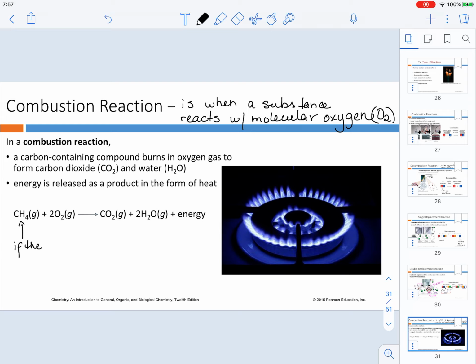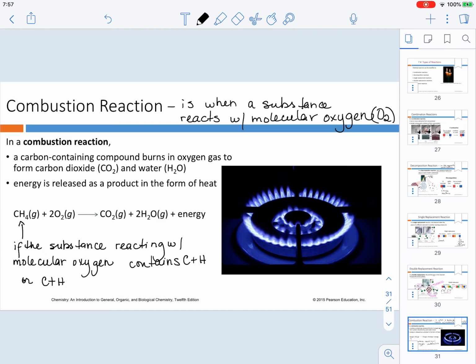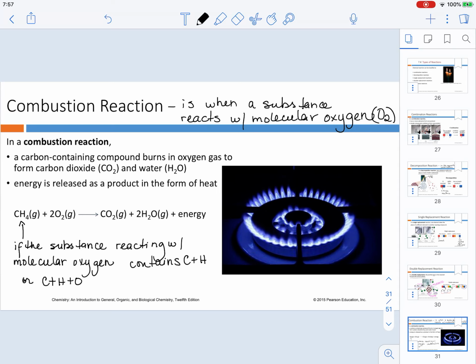If the substance reacting with molecular oxygen contains carbon and hydrogen, or carbon, hydrogen, and oxygen, then the products will always be CO2, water, and energy.